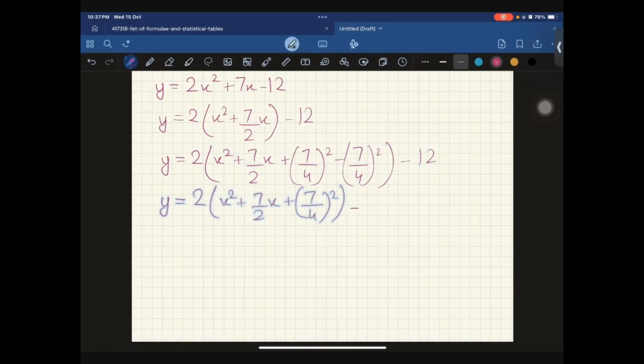So you can write it as, for example, negative 2 times 7 upon 4 squared. Because 2 was supposed to be multiplied to all of the 4 terms. Now this 2 is still being multiplied to all of these 3 terms, and then this 2 is being multiplied to the last term. And it's now out of the main bracket. And then you can simplify this easily, right?